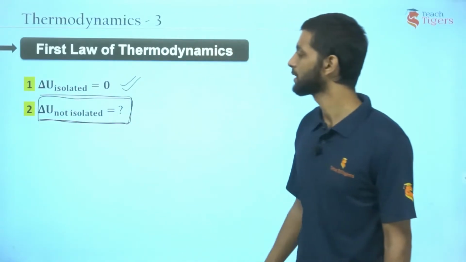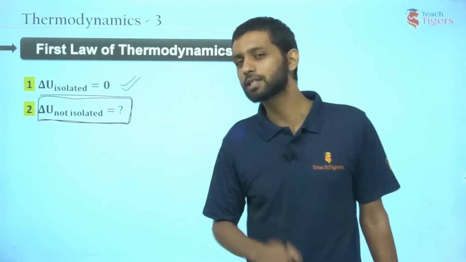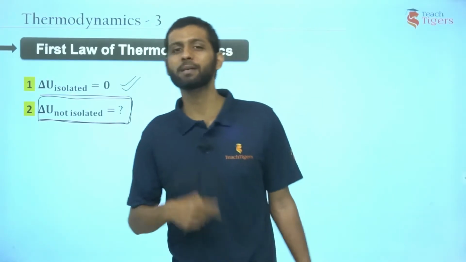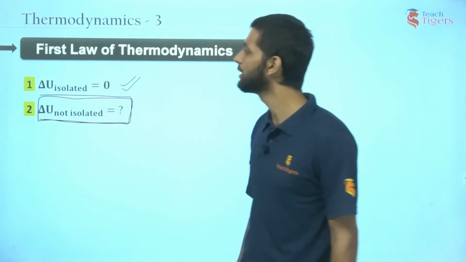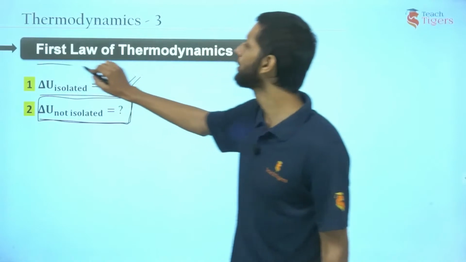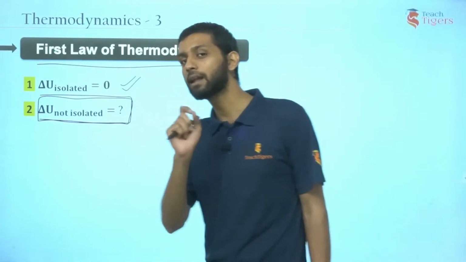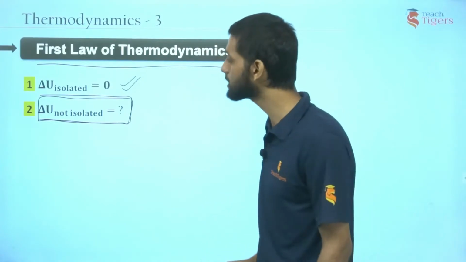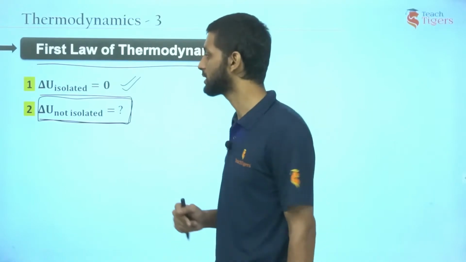If a system can interact with the world, if it can exchange heat, do work, or exchange mass, then how is the internal energy going to change? That also comes under the first law of thermodynamics. It not only tells us that the energy of an isolated system does not change, it also tells us how the energy of a non-isolated system changes.